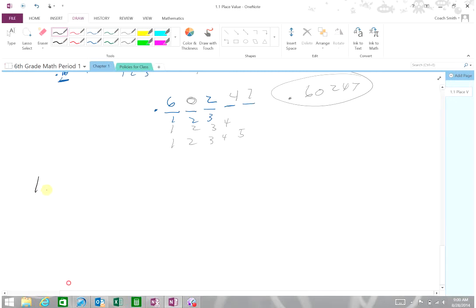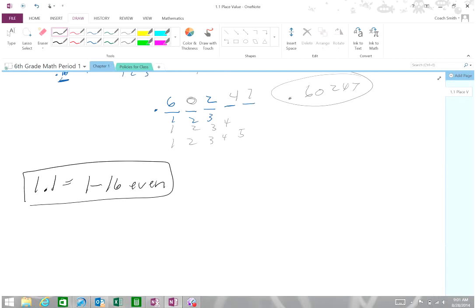Your homework is 1.1, Chapter 1, Lesson 1, and we're going to do 1 through 16 even. So that means you're doing problem number 2, 4, 6, 8, 10, 12, 14, and 16. Some of those problems have 2 answers, word form and expanded form.